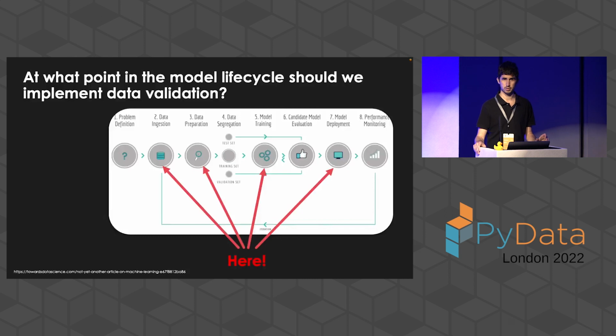We want to make sure that we are not breaking anything and that everything will work as expected. Then in model training, we are passing the data, maybe through a few neural networks. We want to make sure that through each of these steps, the data comes in and comes out as we expect it to, and there are no surprises.